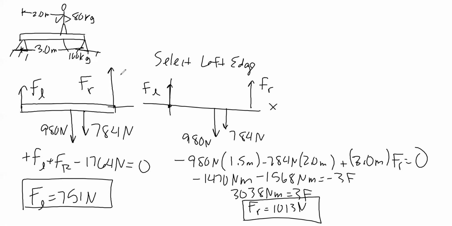Had we tried it with the right axis, we would have solved for FL first in the torque equation and then solved for FR from the force equation. Or choosing any other axis, we would have gotten another simultaneous system of equations.